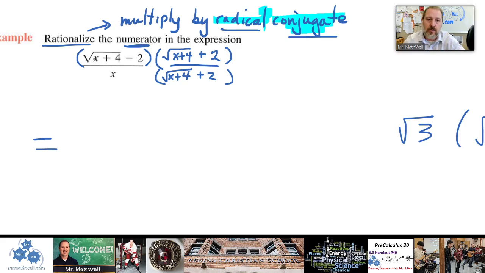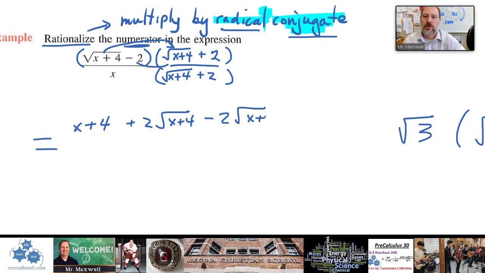So what's root x plus 4 times root x plus 4? Well, that's like root x plus 4 squared, which just gives me x plus 4. Okay? Root x plus 4 times root x plus 4 is root x plus 4 squared, which those cancel out. It's just x plus 4. Now I'm going to have plus 2 root x plus 4. And then if I FOIL here again, minus 2 root x plus 4.